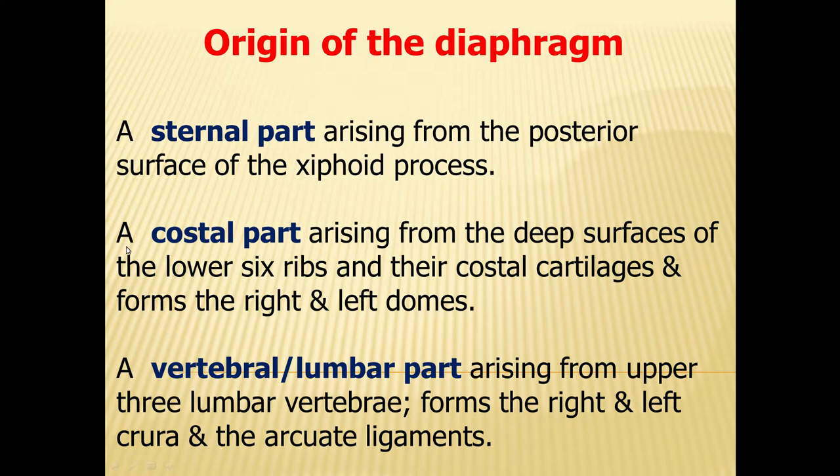The costal part arises from the deep surfaces of the lower 6 ribs and costal cartilages, and they form right and left domes. Another part, the vertebral or lumbar part, arises from the upper 3 lumbar vertebrae, and they form the right and left crura or crus, and also the arcuate ligament.